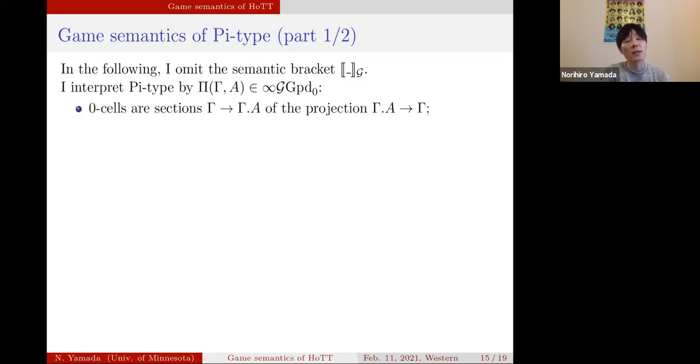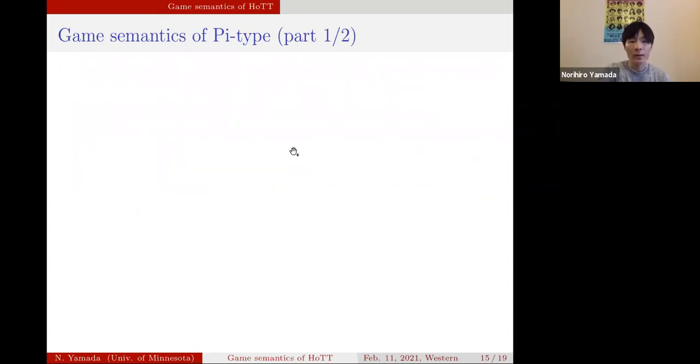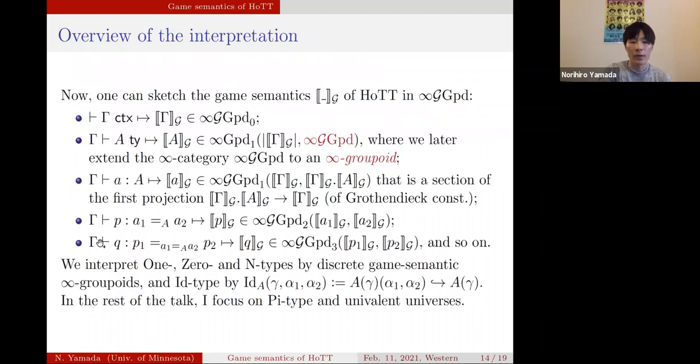So the 0-cells are sections of this form. So basically, this is just the interpretation of a term from gamma to A. And higher cells, say from sigma to tau, are game-semantic transformations. So these two are basically following the interpretation of terms.